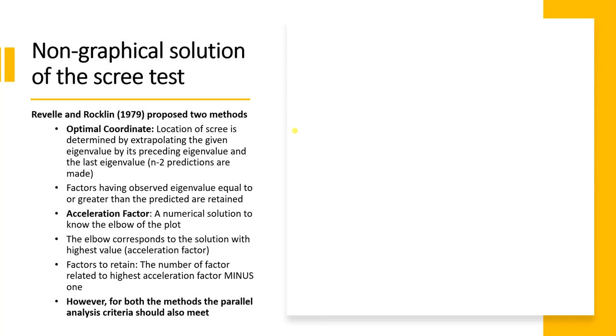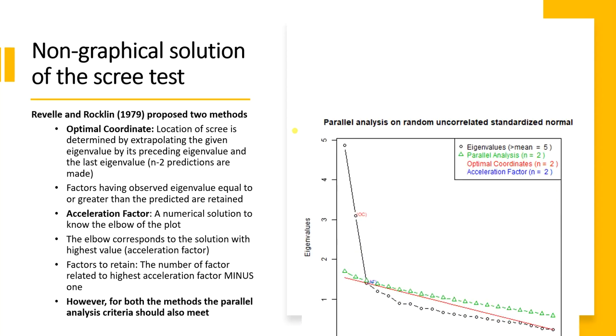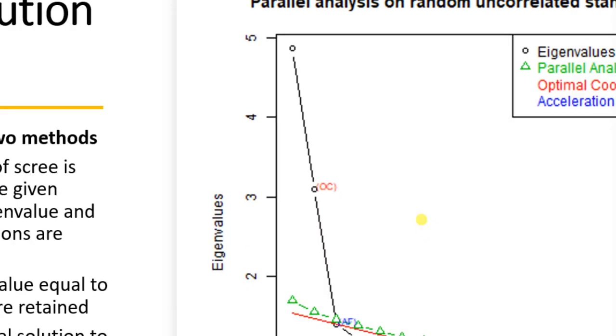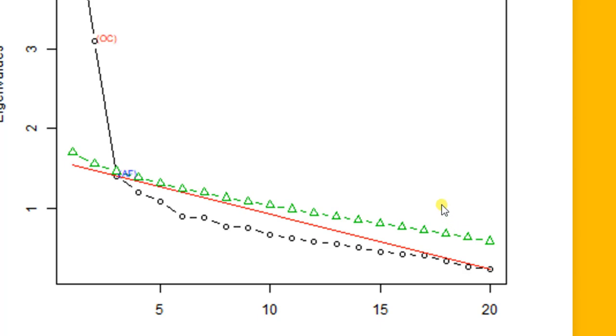To make it clear, I will show you one graphical example. In this graphical example, you can see that the green line is based on parallel analysis. The black one is the actual eigenvalues, that is the scree plot.